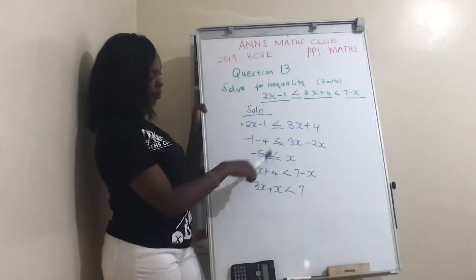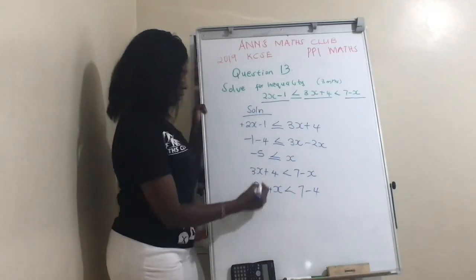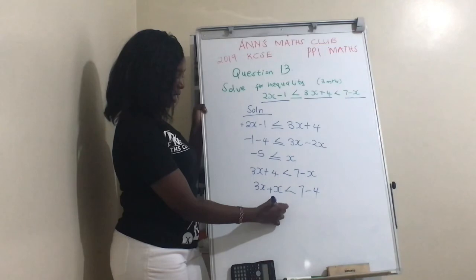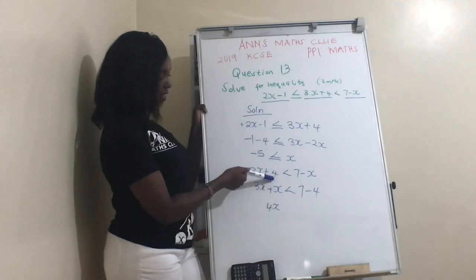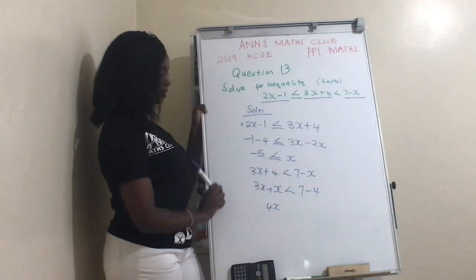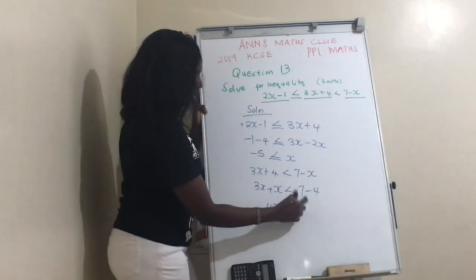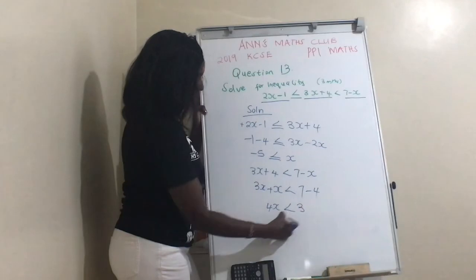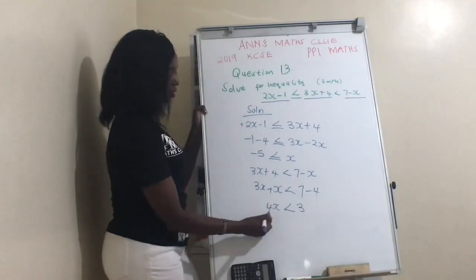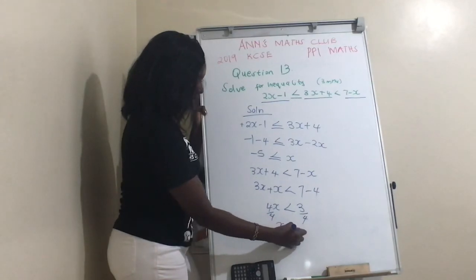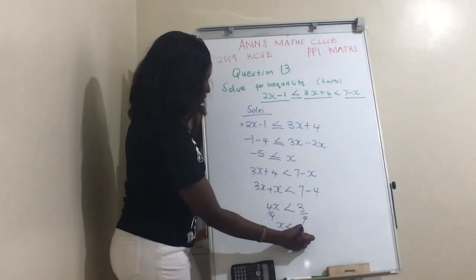The positive 4 becomes negative 4. So you're left with 3x plus x, which becomes 4x. There's always a 1 here, but you don't write it. So that is 3 plus 1, which gives you 4x less than 7 minus 4, which is 3. Because you have to be left with x, you divide both sides by 4, and x is less than 3 over 4.